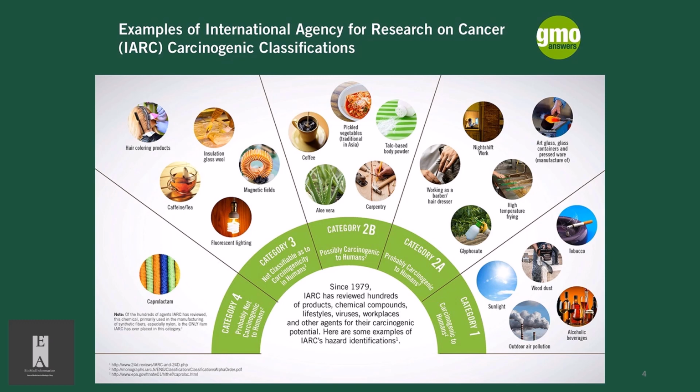Category 1 involves materials carcinogenic to human beings, like sunlight and tobacco. 2A represents probable carcinogens to humans, like night shift work, while 2B discusses possible carcinogens, like coffee and lately classified aspartame in Diet Cokes. Materials in Category 3 are not carcinogens, and the things in Category 4 are possibly not carcinogen for human beings.